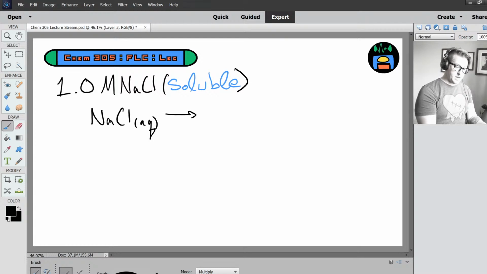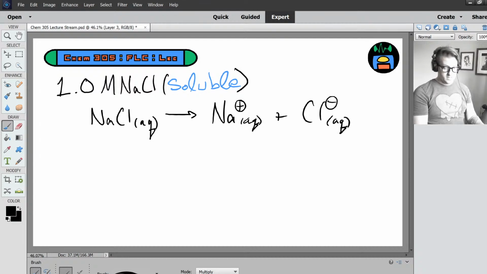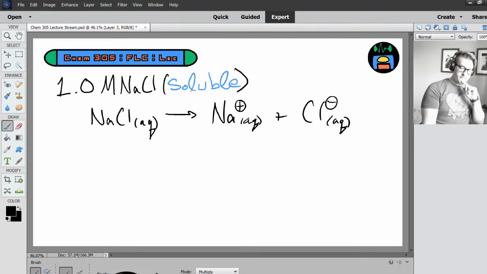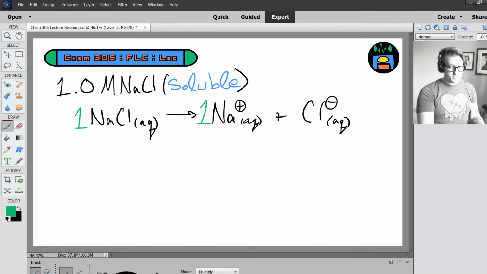It actually separates. The sodium cations float away from the chloride anions because that's what it means to be dissolved. So you'll notice if you have 1 mole of sodium chloride, that means in solution you have 1 mole of sodium cations and 1 mole of chloride anions.